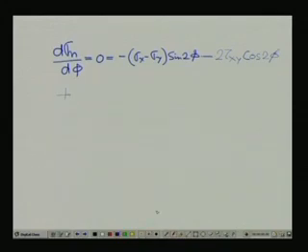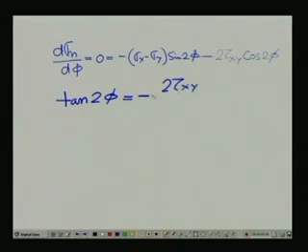So what we get, tan 2 phi equals minus of 2 tau x y divided by sigma x minus sigma y.